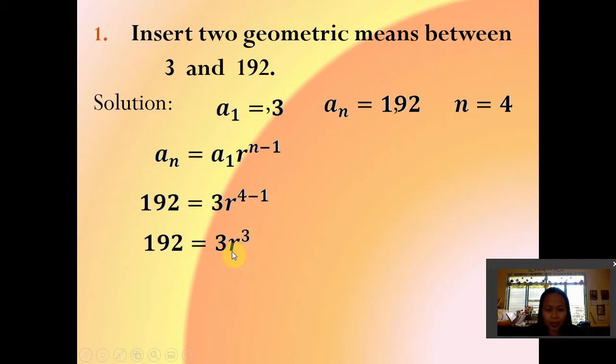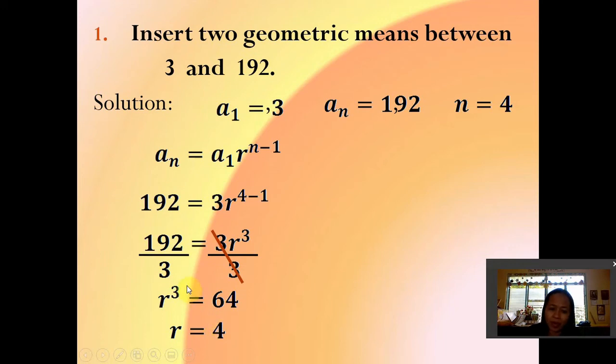In order to eliminate the numerical coefficient of r^3, which is 3, we divide both sides by 3. So r^3 remains, and 192 divided by 3 is 64. Now, what is the cube root of 64? That is 4, or a number raised to the power of 3 to get 64 is 4. So our common ratio here is 4.